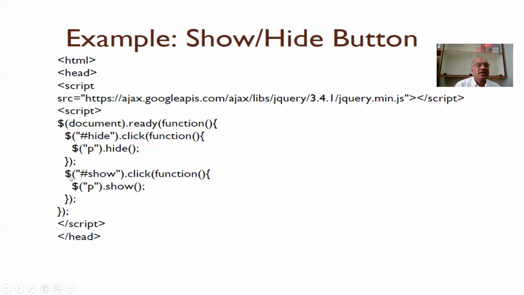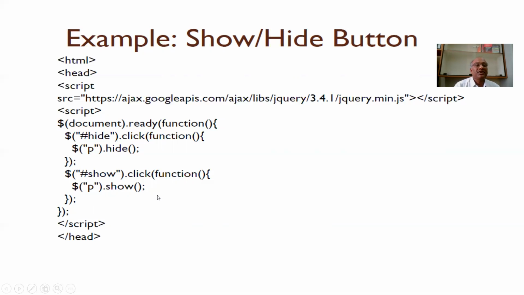If a show button is clicked, then the corresponding paragraph has to be shown. So that is a very simple three-line set of statements, which indicates the hide and show of paragraphs of your web document. And we have been doing this with the jQuery functionality. So this is what a simple statement looks like.